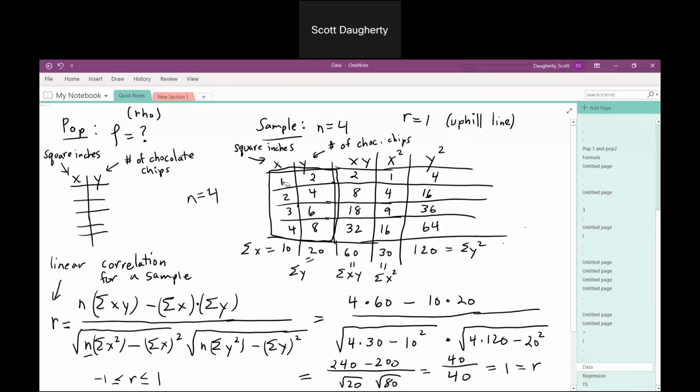The first one was a 1 inch by 1 inch cookie, and we counted how many chocolate chips were in that square, and it turned out to be two, right?